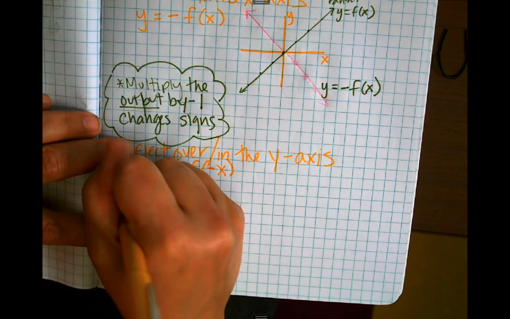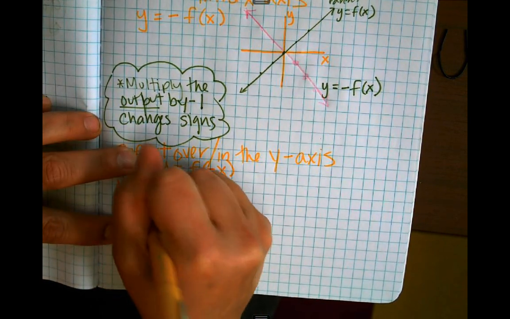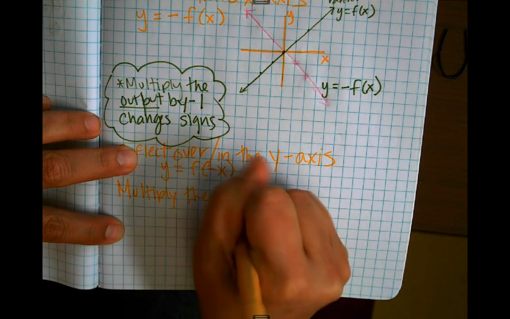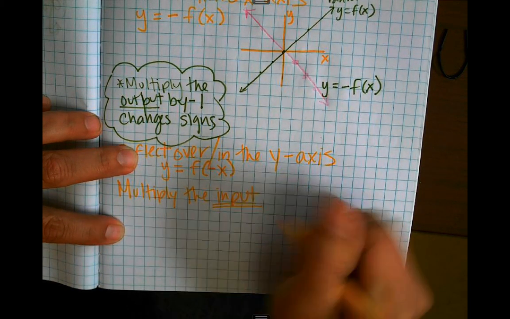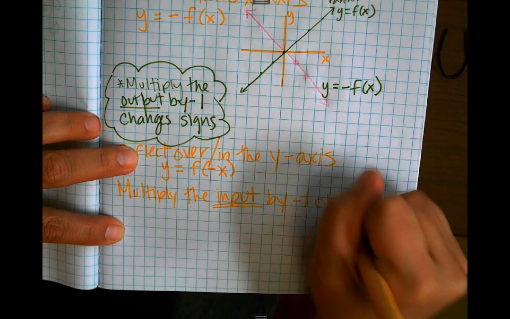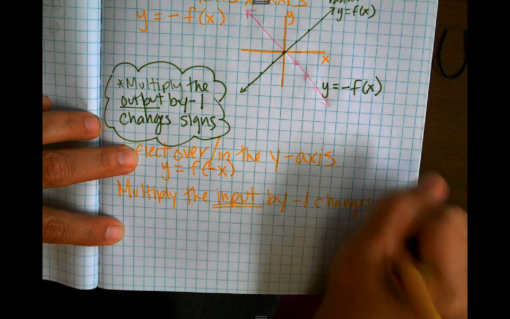Okay, and you're going to say multiplying the input, so inputs are x's, by -1 changes signs.